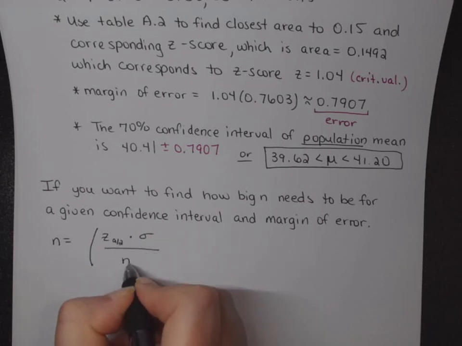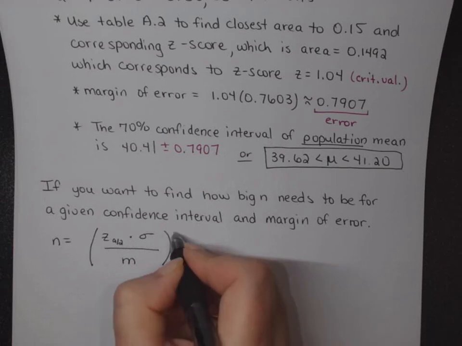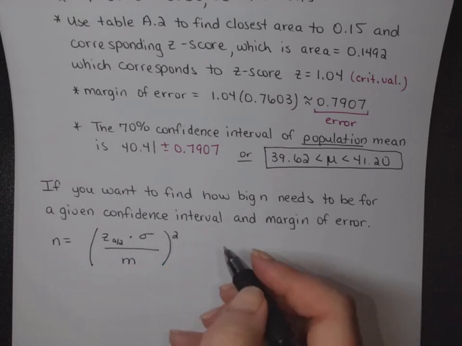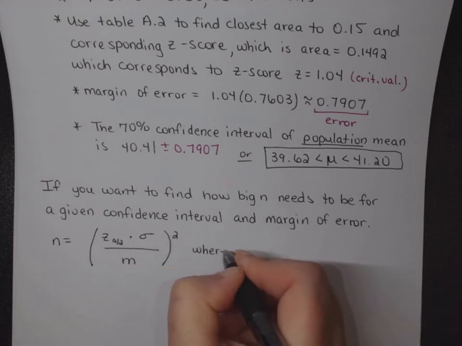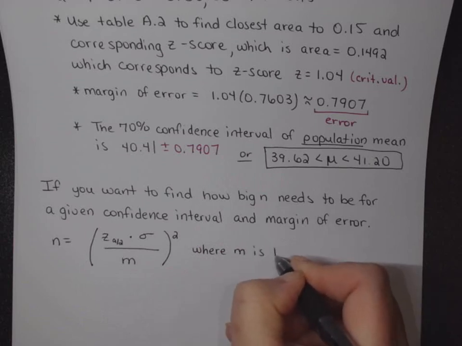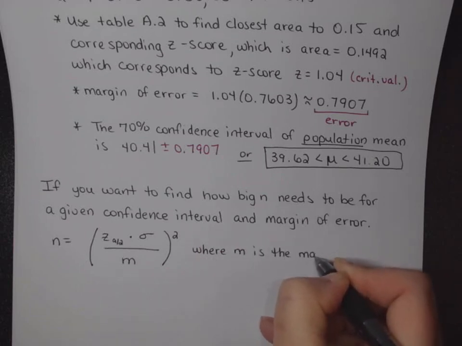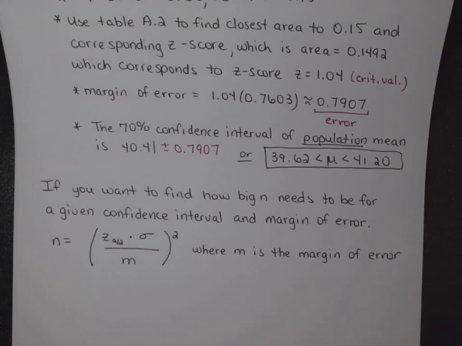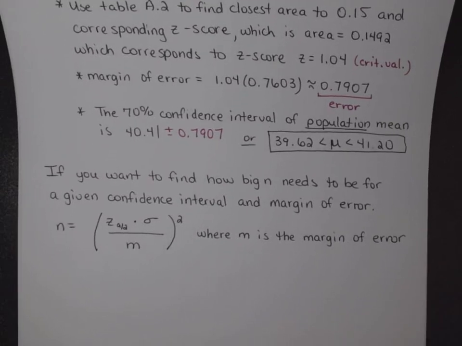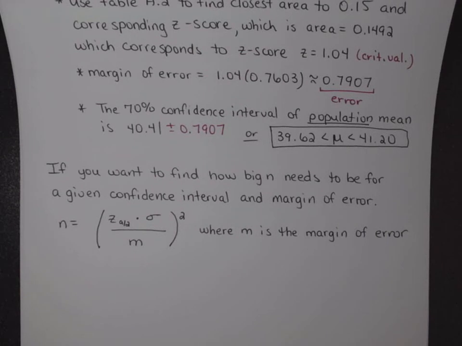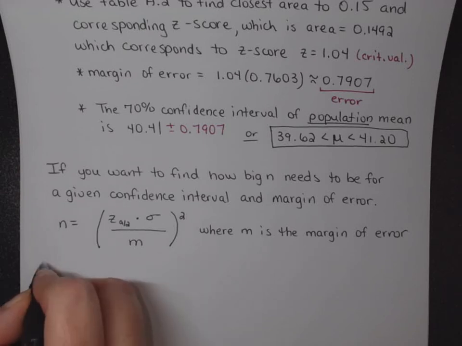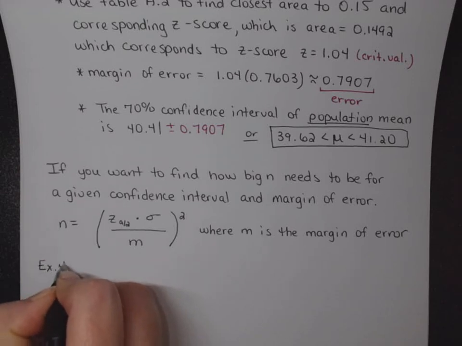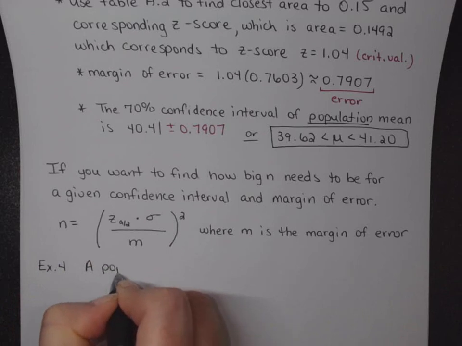And then we're going to divide it by m, which is the margin of error, and then square it. Okay, so this is going to help us decide how big the sample needs to be. We talked about before that a sample is going to need to be sufficiently large if you're going to make assumptions from it. But how large is large? That's what this formula gives us.